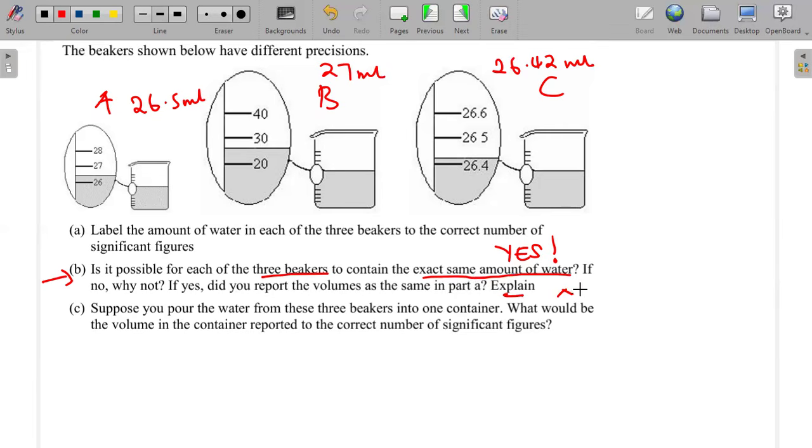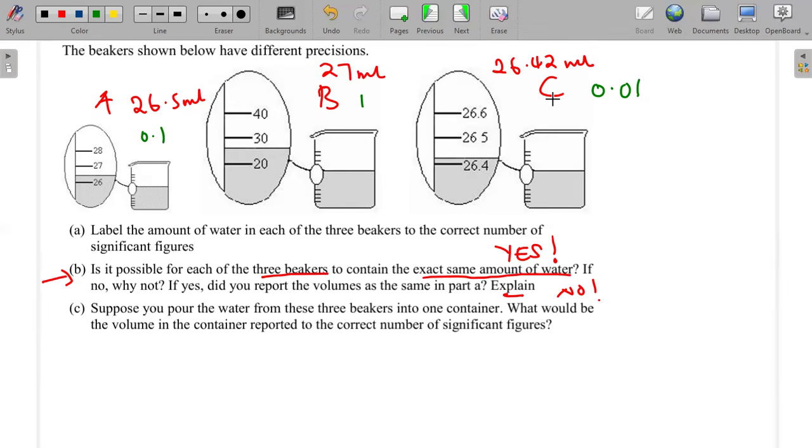The answer is no. We didn't record the volume as the same because you can see the precision here actually differs. This one is 0.1, this one is 1, and then this one is 0.01. So we did not record the volume as the same.